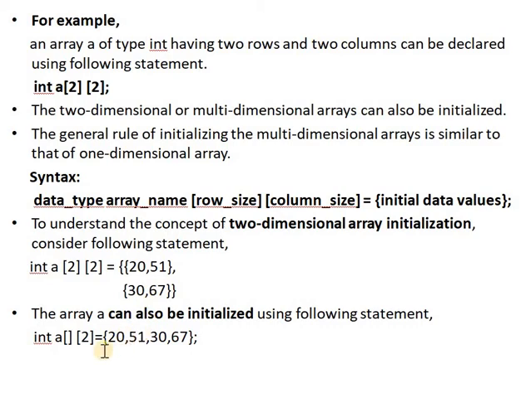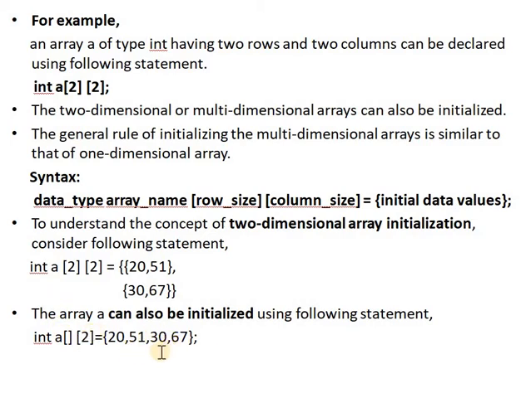The array elements are also initialized in this way. Here: data type, array name, size of row, size of column. Then by using the assignment operator, we assign the different values to the array. The value 20 is for the array element 0, 0. Next, 51 is for the array element 0, 1.